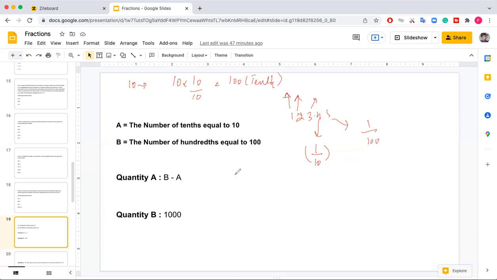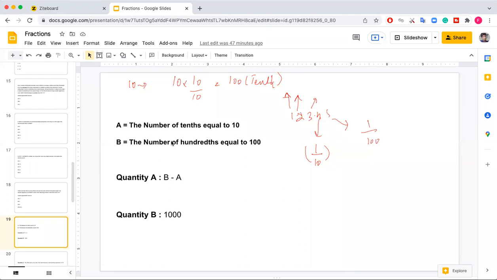So I have a doubt again. The number of 10th equal to 10. So what does this mean? It doesn't mean the number of 10th in 10, right? They're two different things. Just read closely. The number of 10th equal to 10.